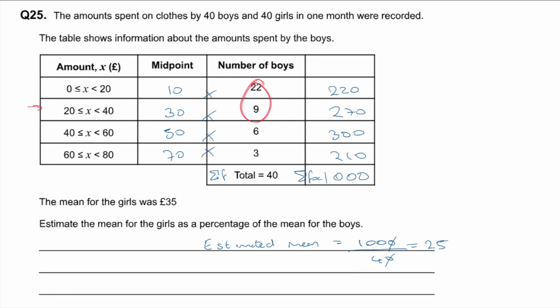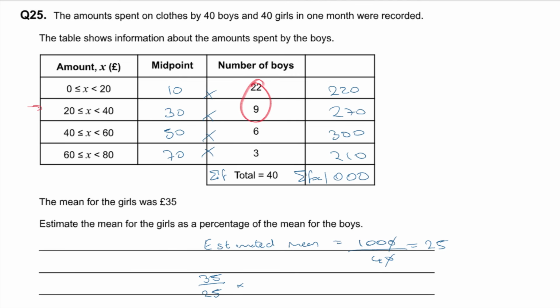Estimate the mean of the girls as a percentage of the mean of the boys. Right, so what is the girls as a percentage of the boys? Girls as a percentage of the boys would be the girls amount, which is 35, as a percentage of the boys amount.